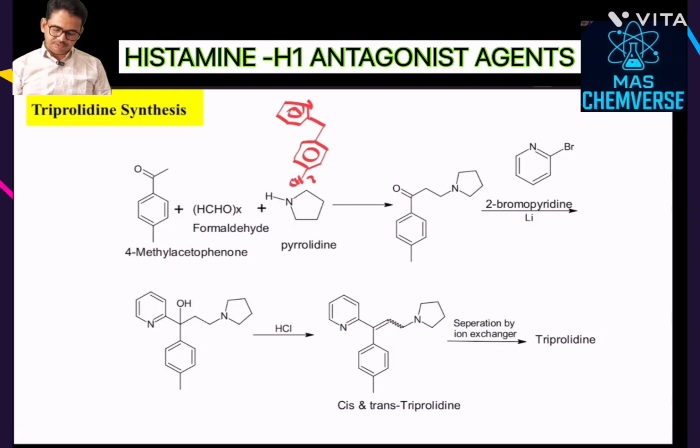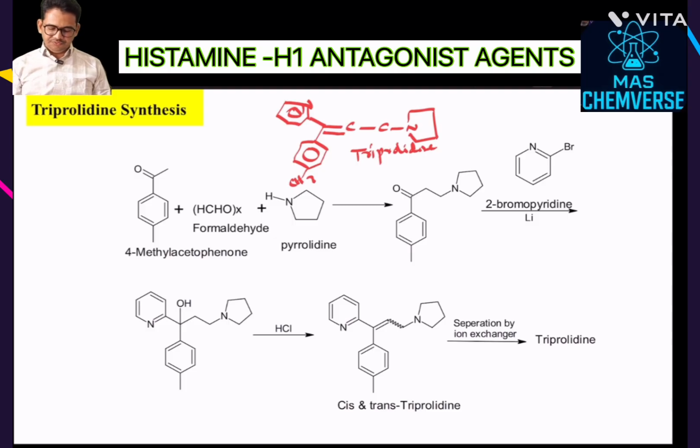Then carbon and another carbon, along with another carbon which is attached to the pyrrolidine. Here it is having the double bond in the structure. Okay, this is the structure of triprolidine.